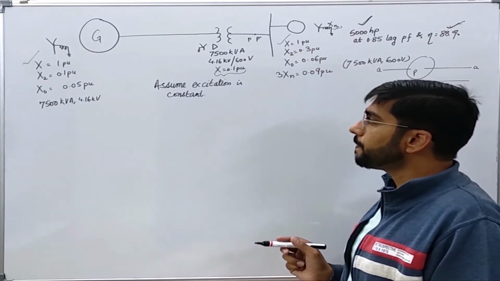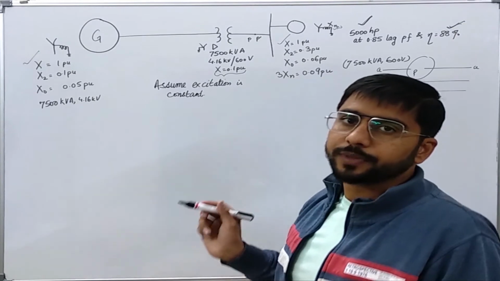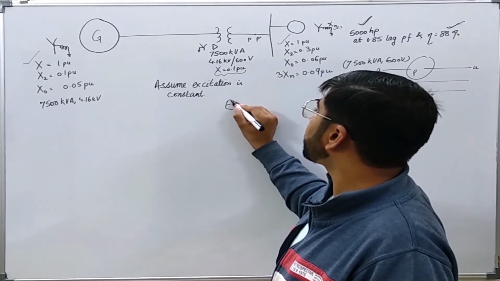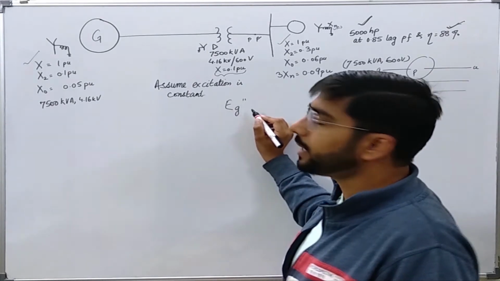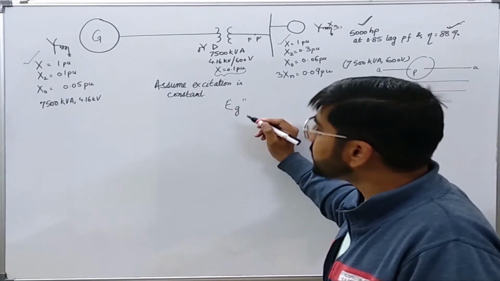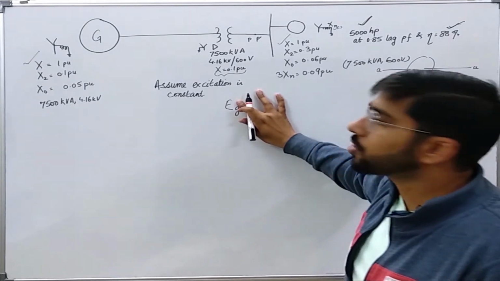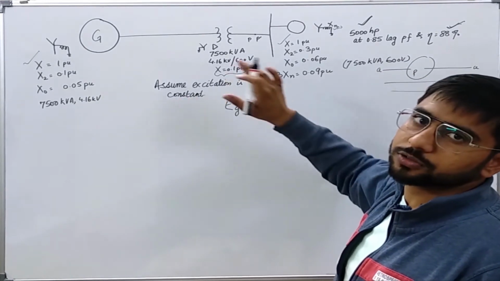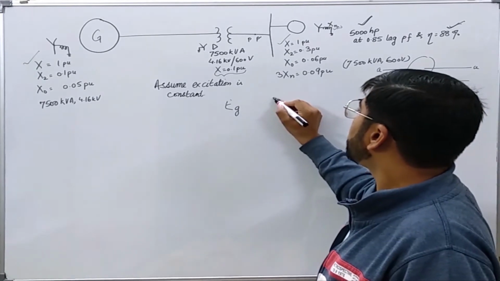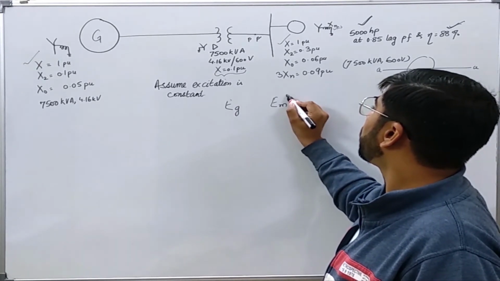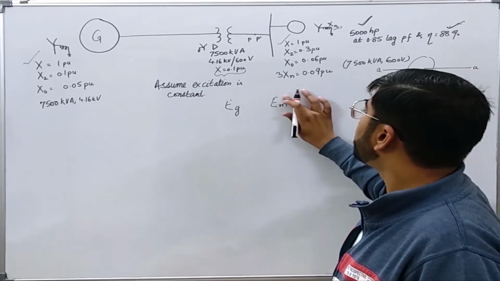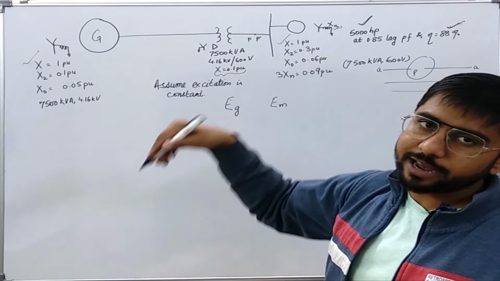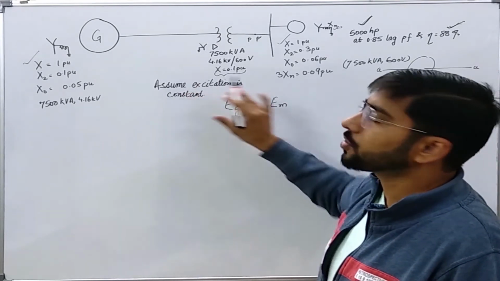Now, as we know, during a fault the voltage behind the subtransient reactance or the transient reactance or the steady state reactance is going to remain constant if the excitation is constant. Similarly, E_M', E_M'' or E_M will remain constant at their prior value if excitation is constant.